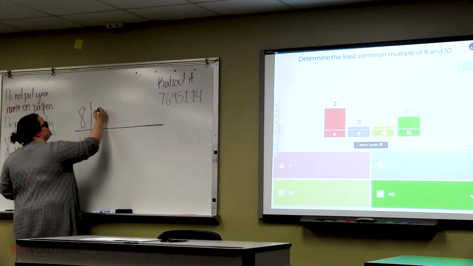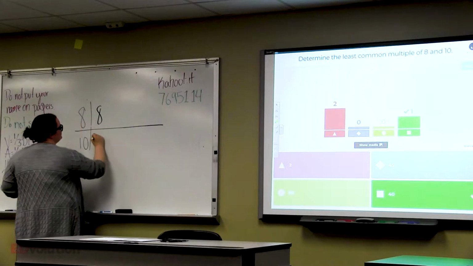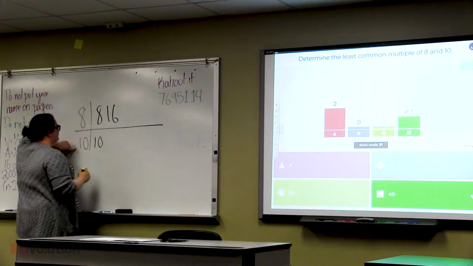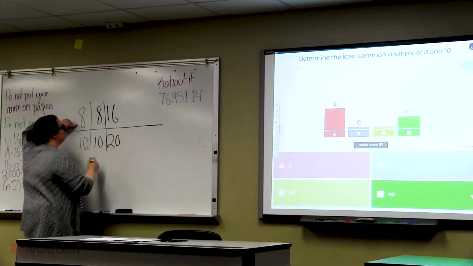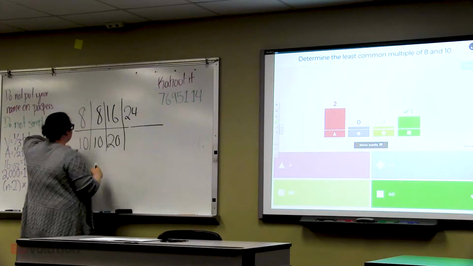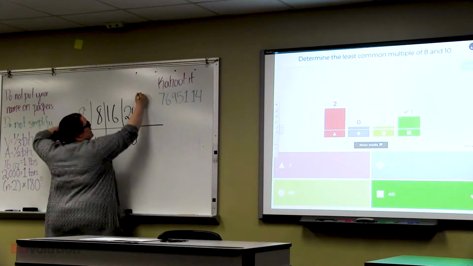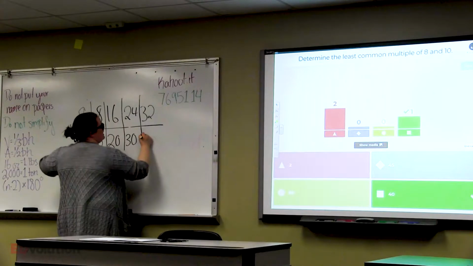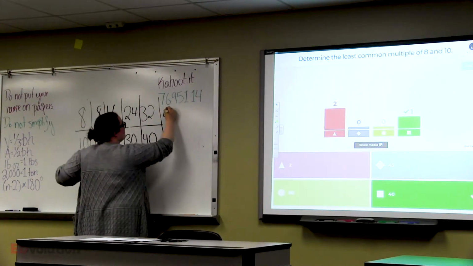So 8 times 1 is 8. 10 times 1 is 10. 8 times 2 is 16. 10 times 2 is 20. 8 times 3 is 24, while 10 times 3 is 30. 8 times 4 is 32. 10 times 4 is 40. 8 times 5 is also 40.